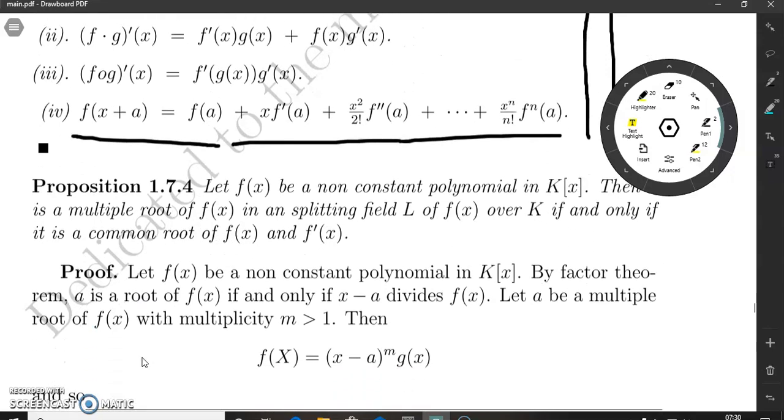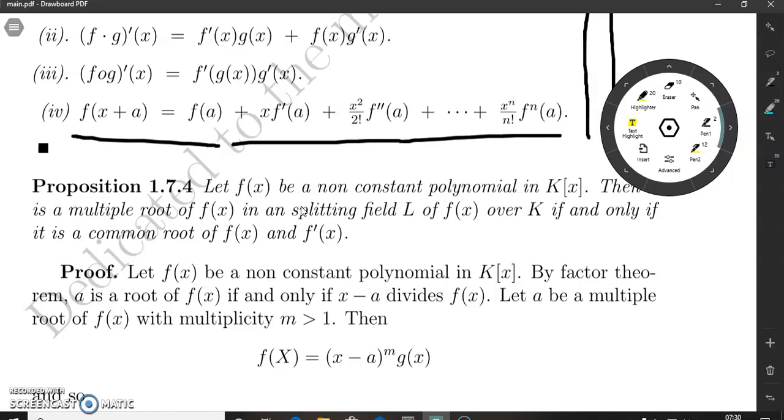So we now come to the result. This is the first fundamental basic result, which gives the idea about multiple root. We have introduced multiple root in the previous video lecture.